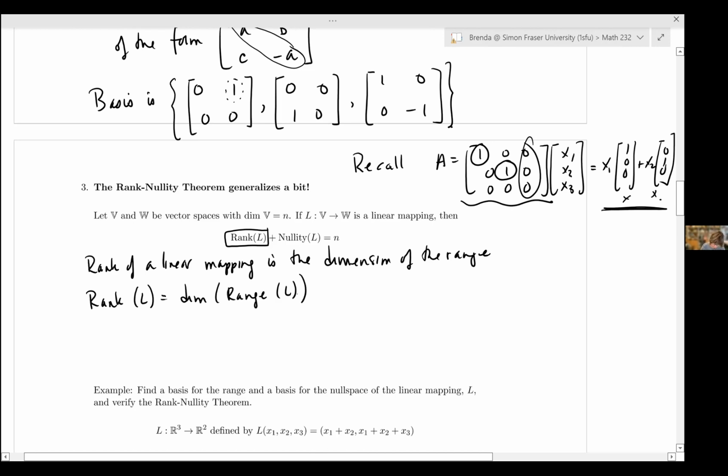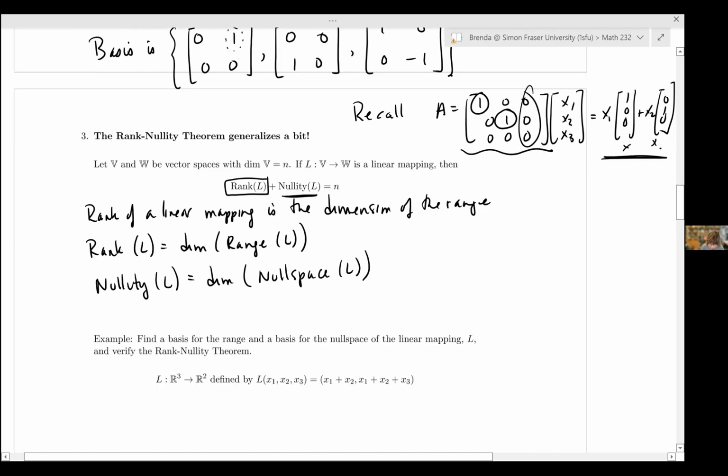Okay. So the nullity, and we've just seen an example, the nullity of L, that's the dimension of the null space. Let's just remind ourselves of that. Nullity of L is equal to the dimension of the null space of L. Okay, and then we're looking here at the dimension of the input vector space, the dimension of the domain of the transformation, which is n.